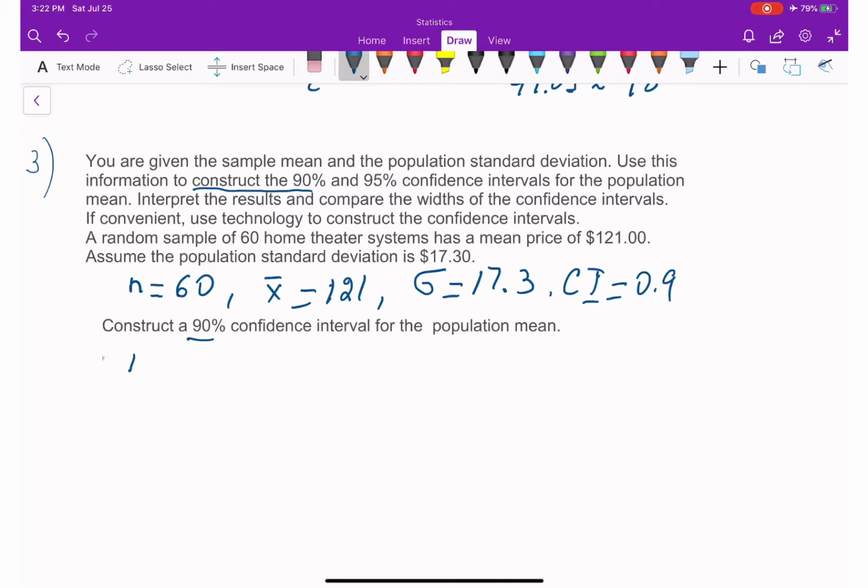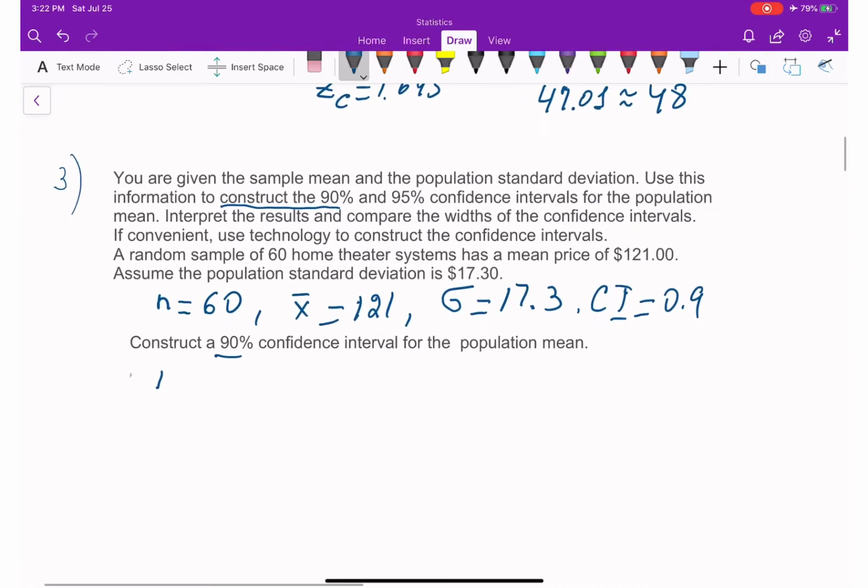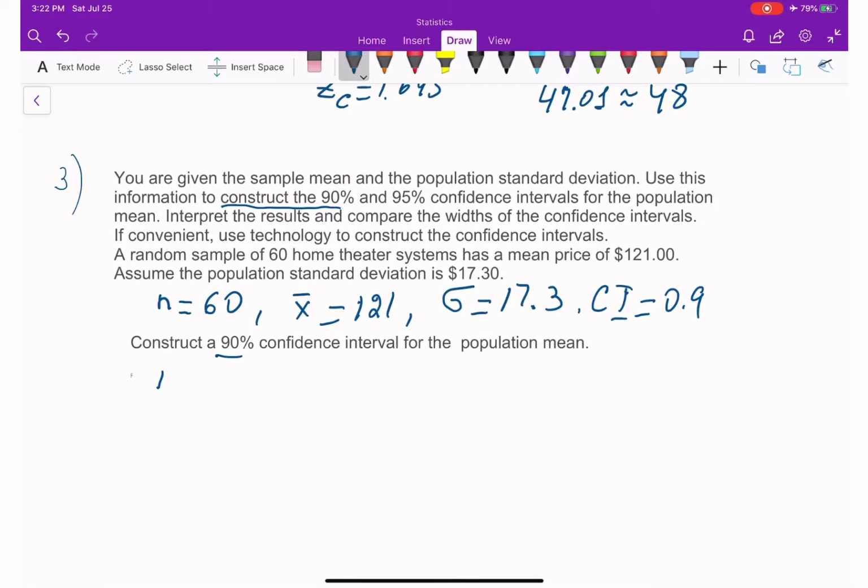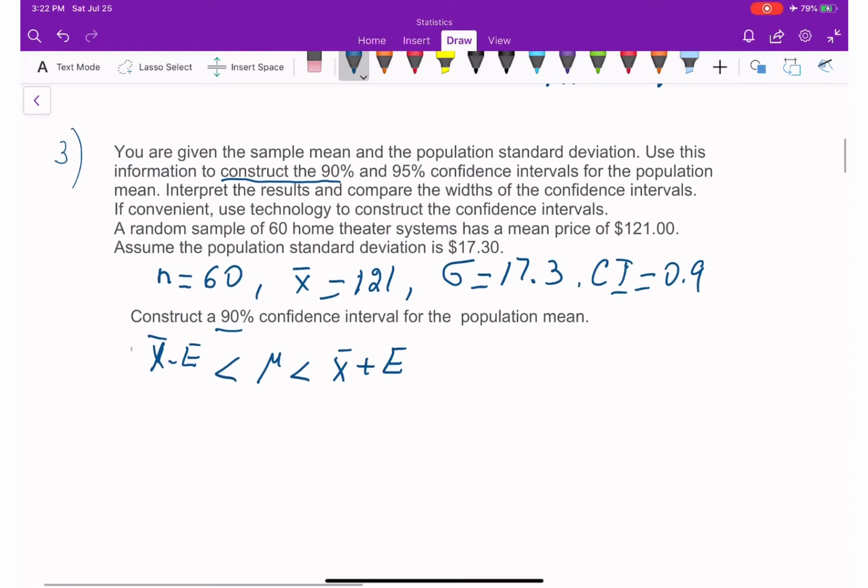Okay, so again we are starting backward, so we need to find confidence interval for the mean. So population mean is greater than x bar minus error and less than x bar plus error. So x bar we are given, right? All we need is to find out a margin of error. So margin of error is equal z critical sigma over square root of n. So z critical for 90%, 0.9, right?